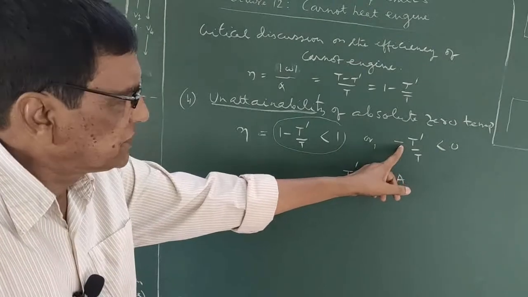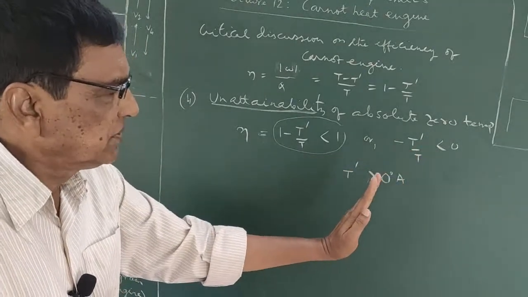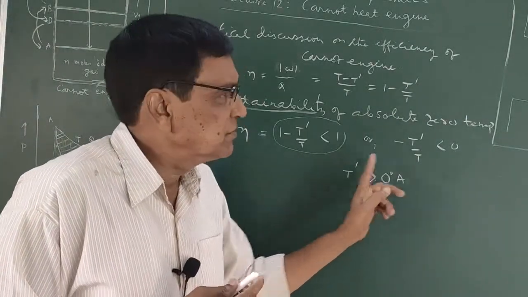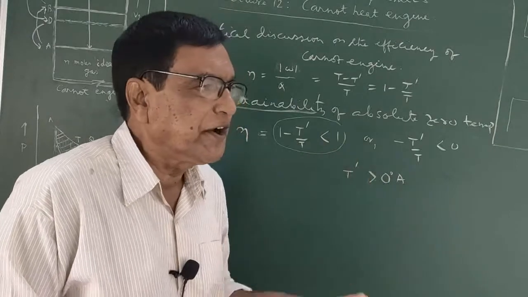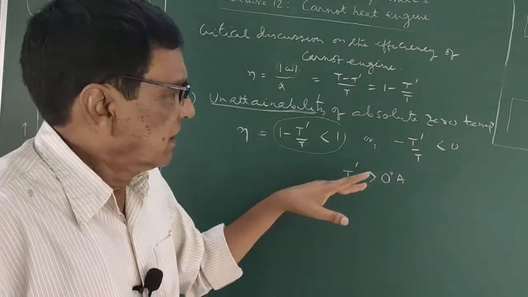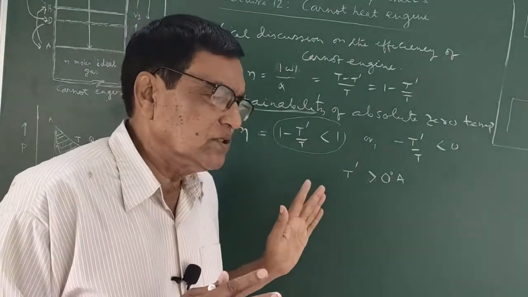If we lift this minus, then this inequality sign also becomes reverse. Means the temperature of this sink must always be greater than 0 degree absolute.